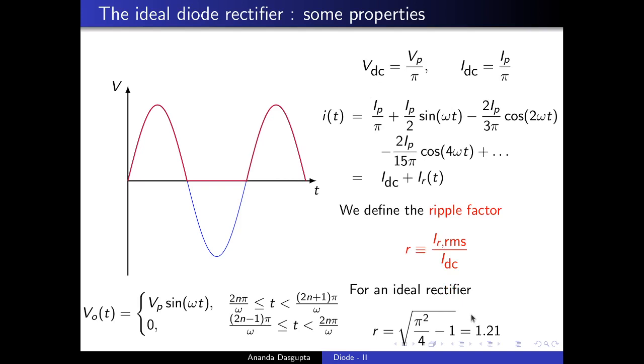And this number is 1.21, which means that there is 20% more AC. It's not just 20% AC, it's 20% more AC than DC in this particular rectified output. So despite nominally being DC, nominally being one direction, this is really not very good as a DC supply.